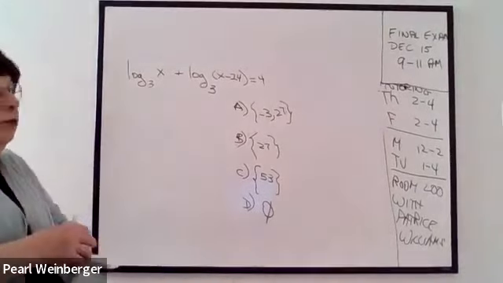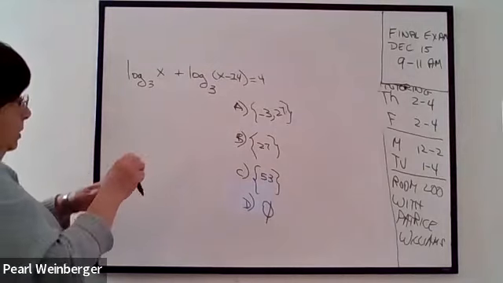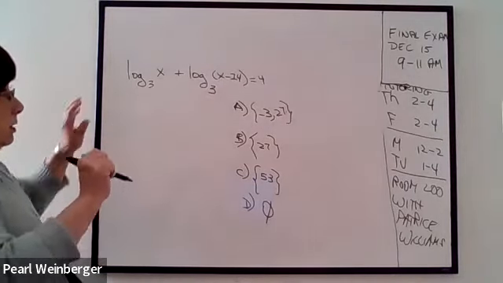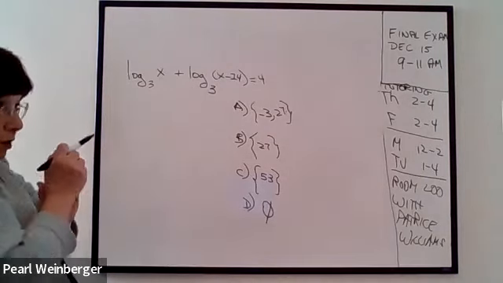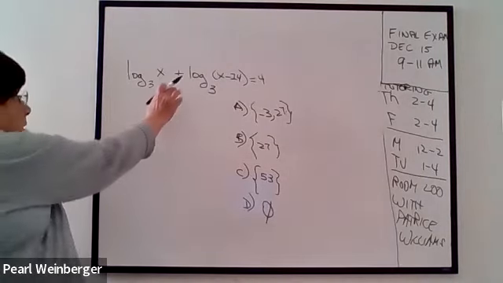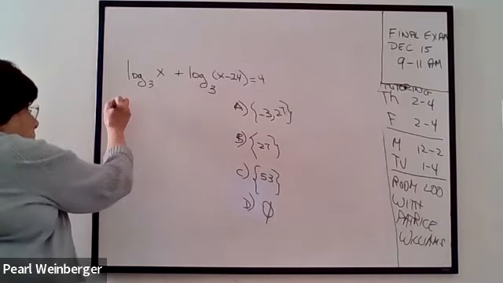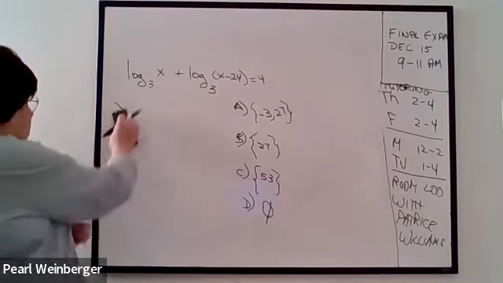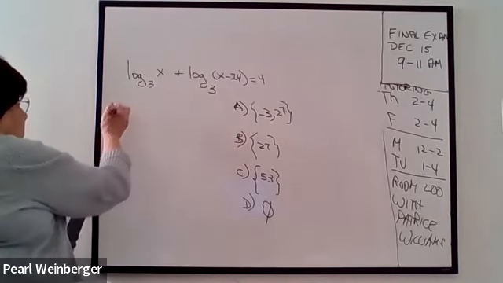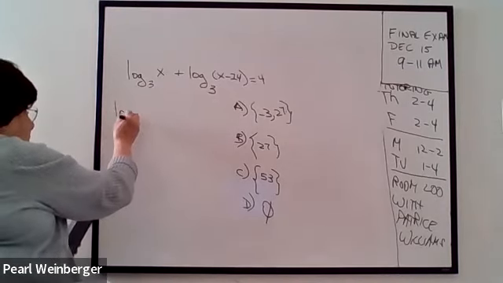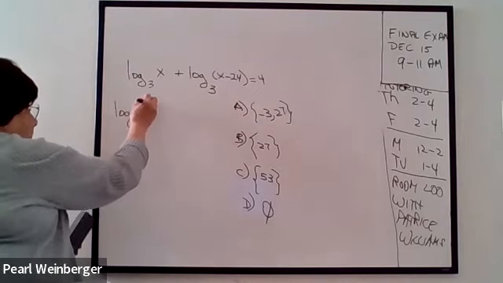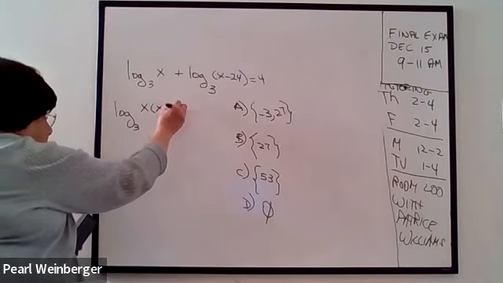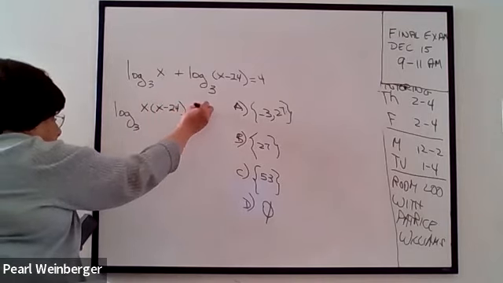So let's see if we can work this out. Again, we have more than one log on a side, so we have to contract it back to a single log. Again, we have this plus, so we're going to rewrite this as log base 3 of x times x minus 24 equals 4.